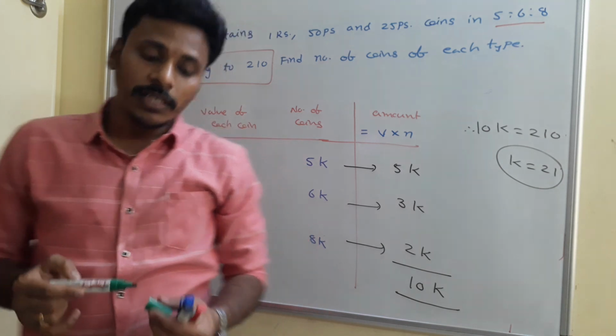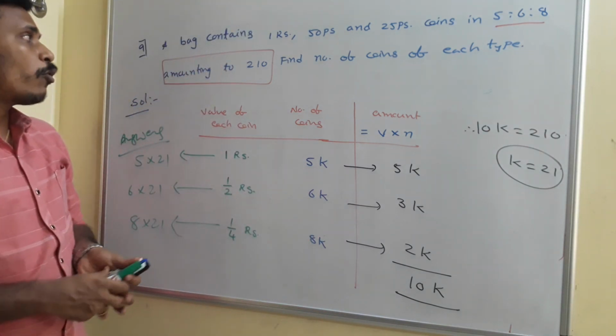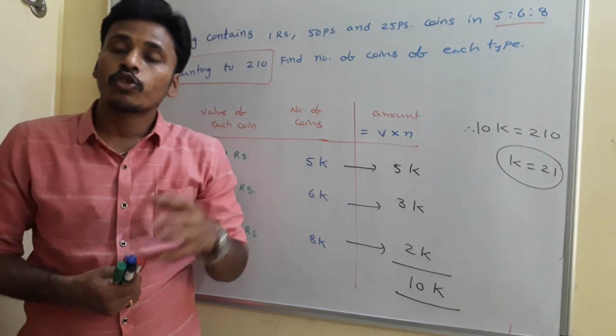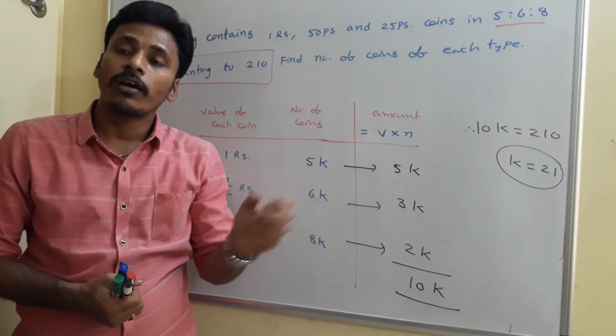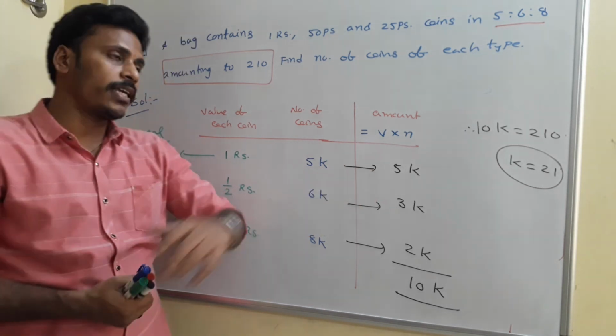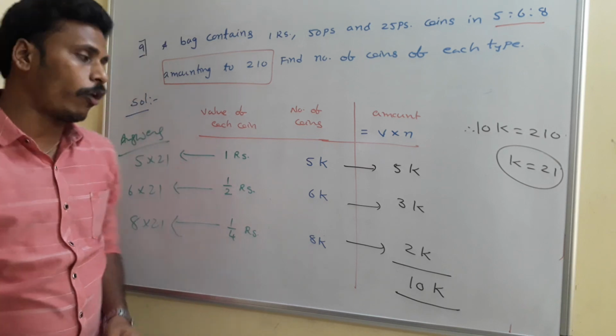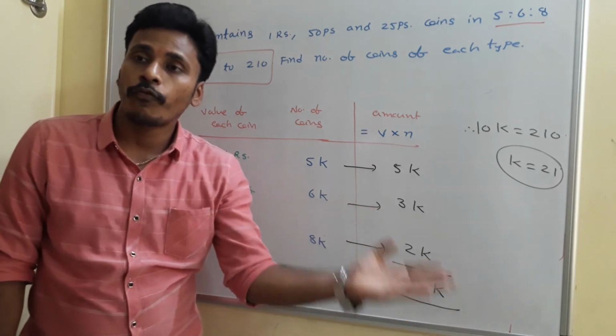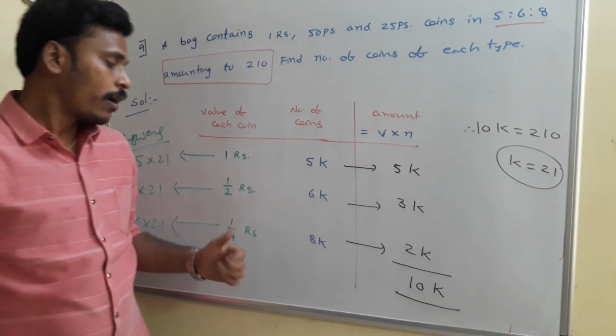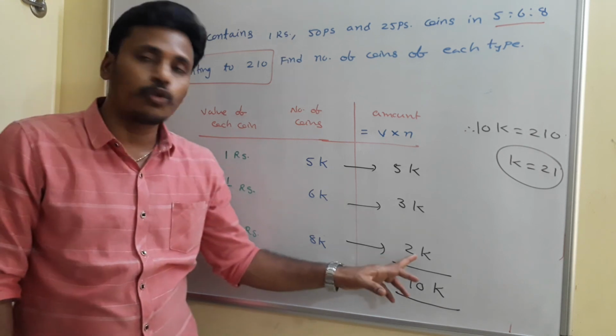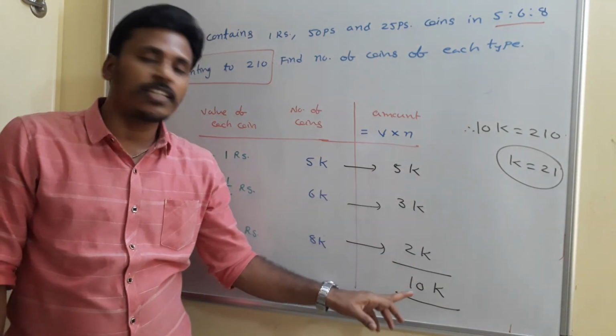Is it right? Just have a look. See, the total amount is given as 210 rupees. So we need to count the amount from 1 rupee coins, which is 5k, the amount from half rupee coins, which is 3k, and the amount from 1 by 4 rupee coins, which is 2k. So this total amount is 10k.